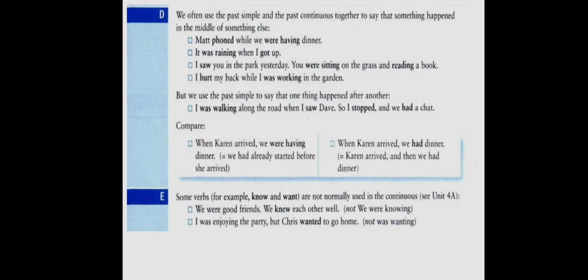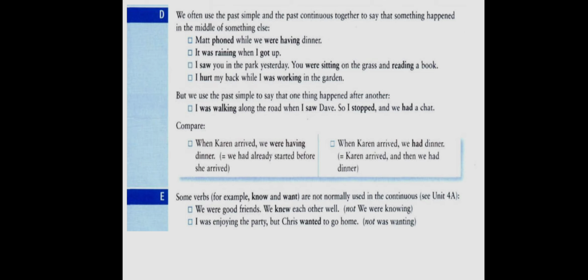And you were reading a book. You were reading a book before I saw you, and you remained reading a book after I saw you. So the long actions are were sitting and were reading. Here, "were" is not repeated because it is understood from the previous part.